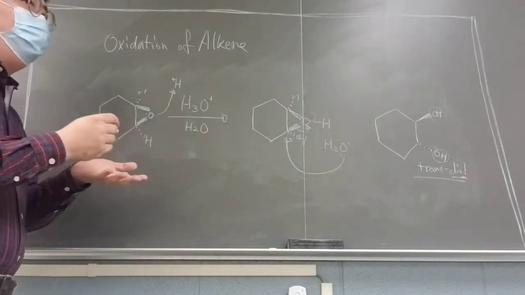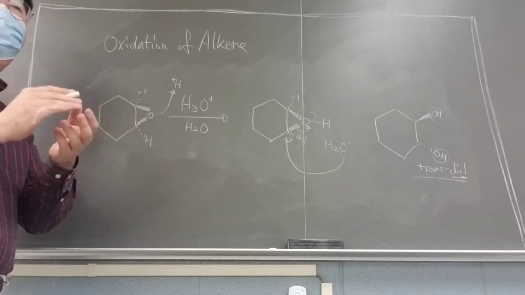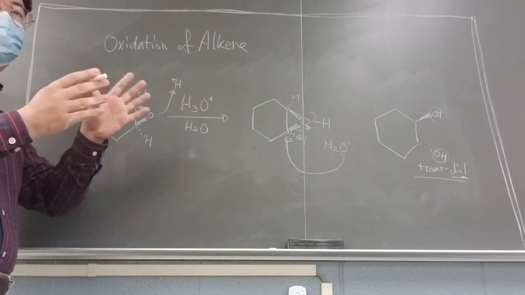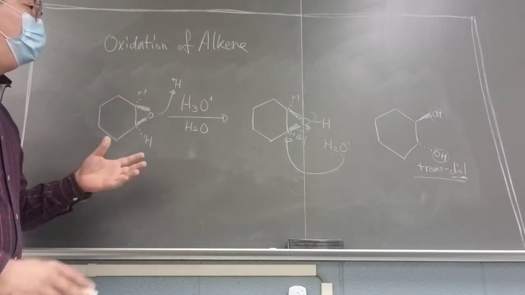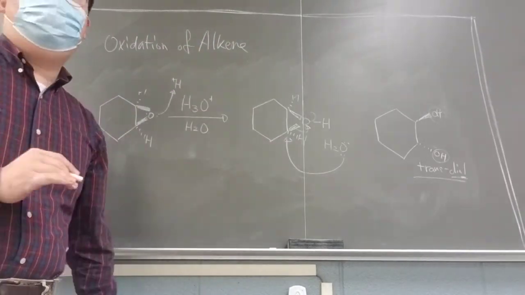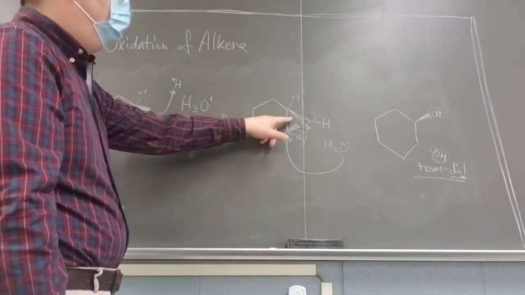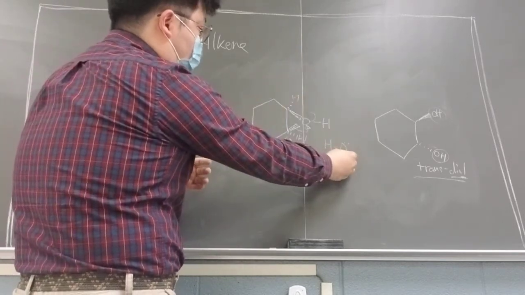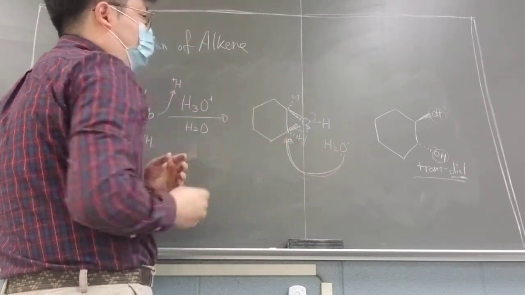Meaning, once you form the epoxide compound, if you treat with some acidic conditions, that will form some diol compounds, but it will be trans if it went through the epoxidation. Because of this part, this is already occupying one side. This one has to come into the other side.